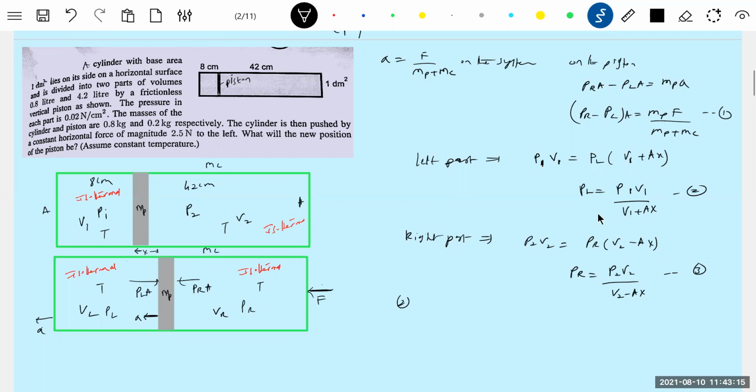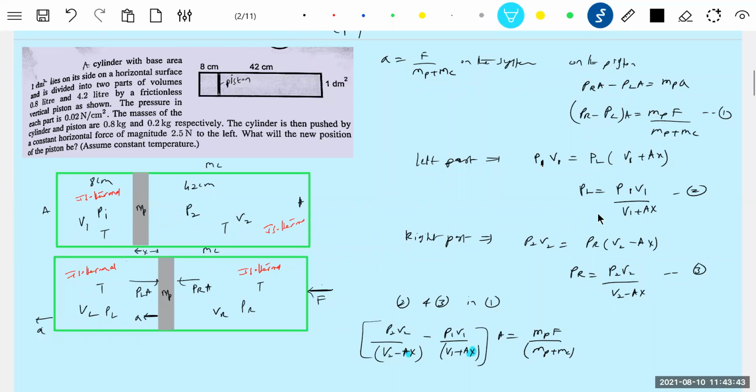So substituting 2 and 3 in 1, PR equals P2 V2 by... Now look at what the only unknown thing is. The only unknown is x, no? Can we solve this? Remaining all things we know. The question is very easy if you can think it.